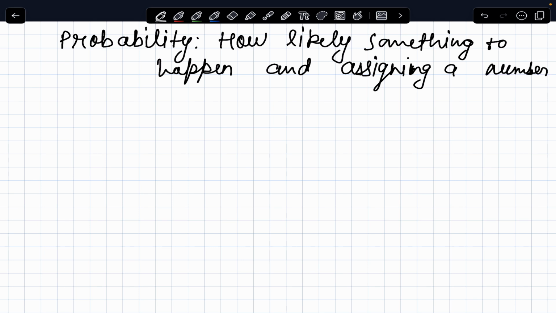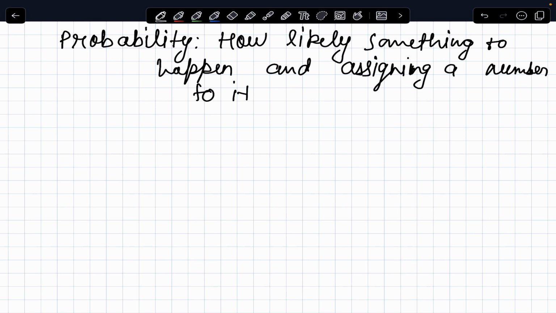We are all well acquainted with what it is and where we use it. It deals with chances, likelihood, something that is to happen, and what will be next. So we all know that.